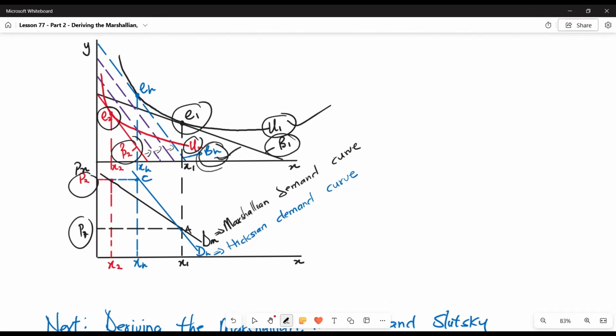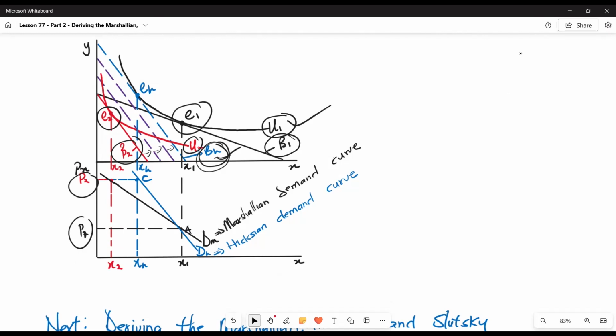At this new budget line BL, the relative prices have changed, but the consumer is on the same indifference curve U1. The consumer is compensated with enough income to afford the original level of utility U1 despite the change in price.